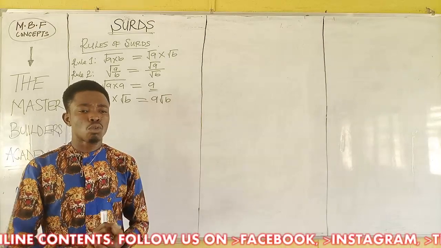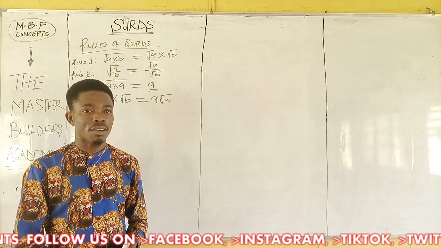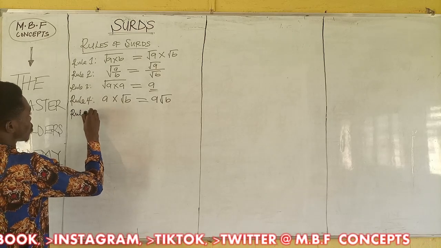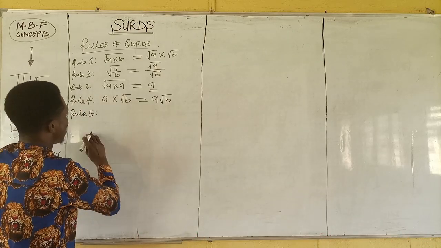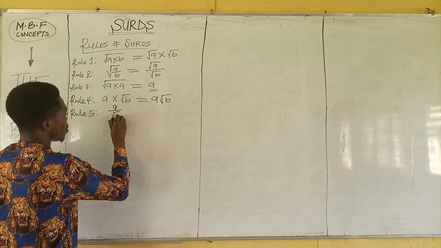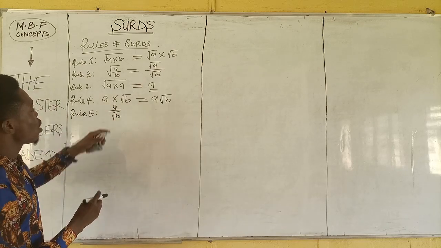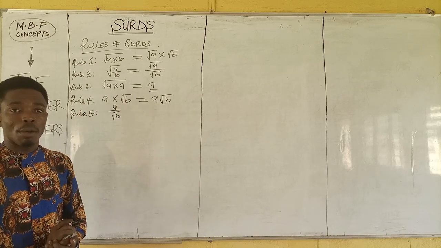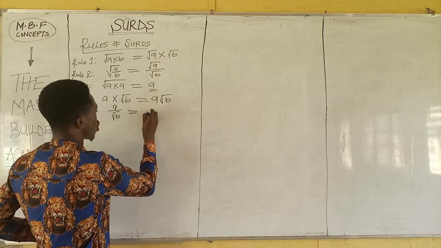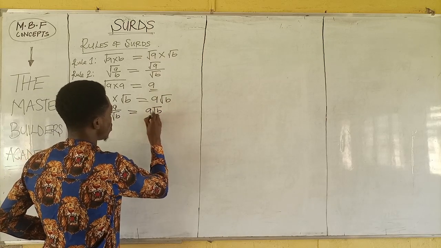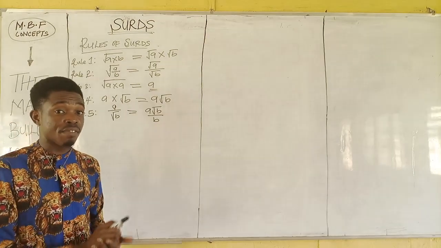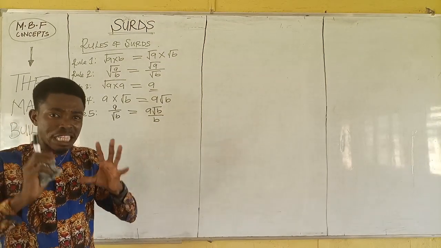What could have been our rule number 6? Right? Now, rule number 5. If we have A over root B. Now, in this case, only the denominator is carrying the square root. The answer to this would have become A root B over B. When we get to the process where we'll be solving this effectively, or we'll be using this theory, I will explain better.